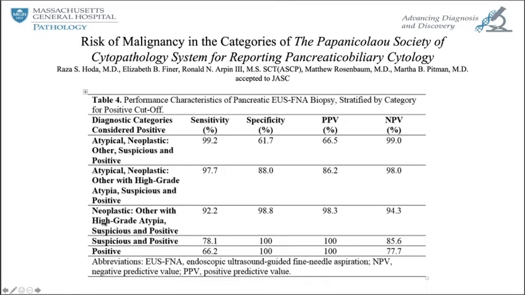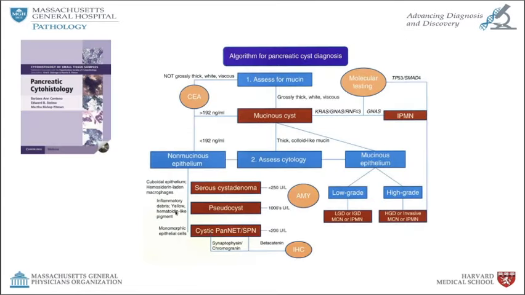But at the level of the cytology and the ancillary testing, molecular testing, you put all the puzzle pieces together to come up with a diagnosis that our clinical colleagues can use for proper patient management.